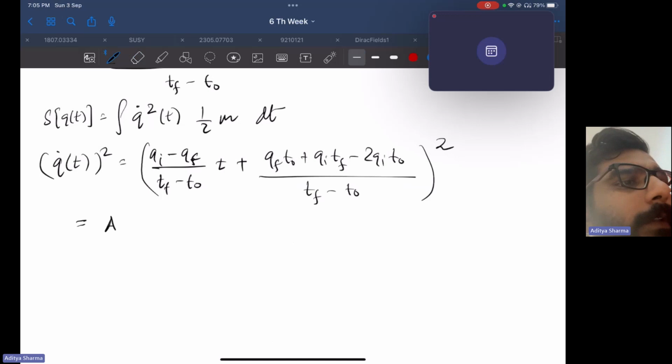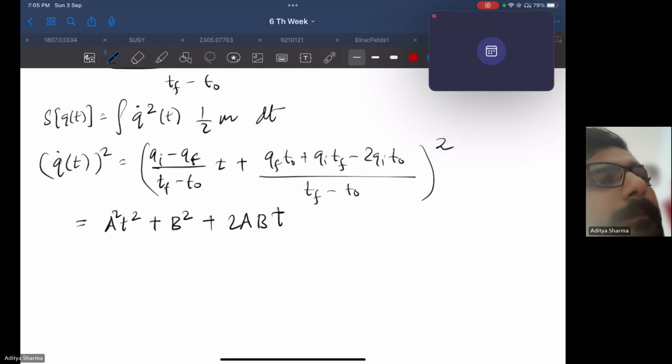I'm going to call this A with T square plus B square A square T square plus 2AB T, because this is A and this is B.